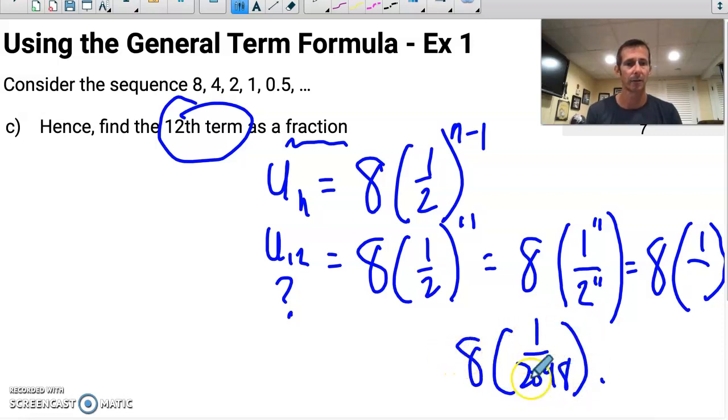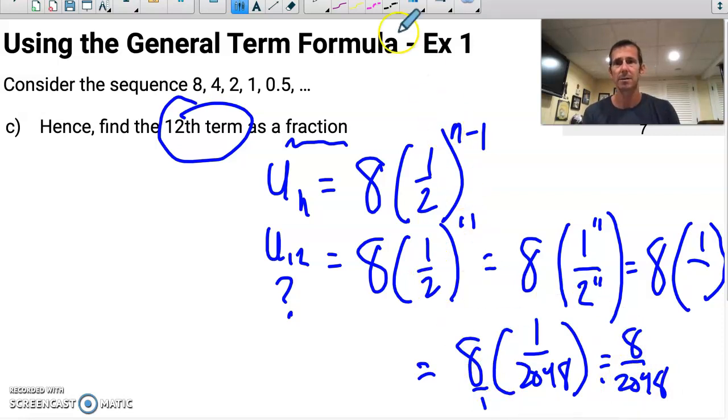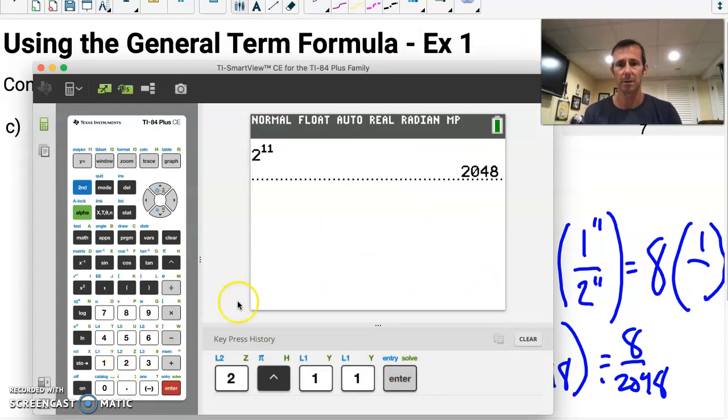And now does 8 go into this? Because this is 8 over 1, I have 8 over 2048. I'm pretty sure 4 goes into both of these. I'm just going to check real quick and see if 8 goes into both of these, so I'm going to divide 2048 by 8 just to do a quick check.